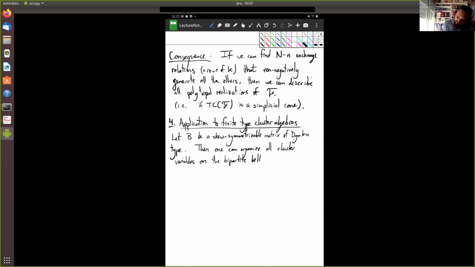And let me just draw it in type A3. In type A3, you know that if you start with some initial seed that looks like this, and then you perform sink-source mutations, you get all the cluster variables.